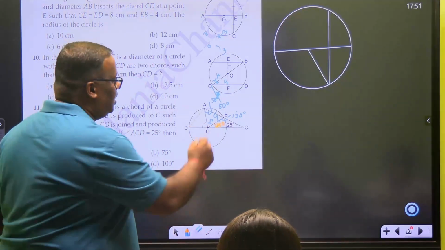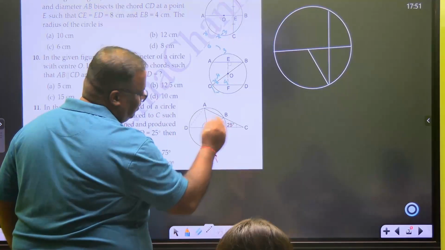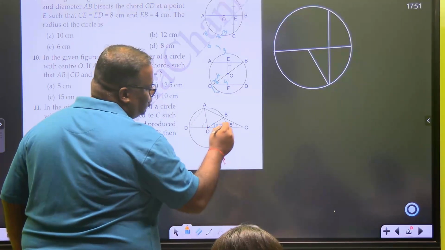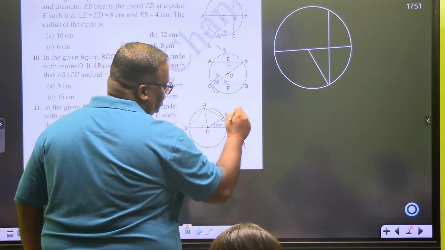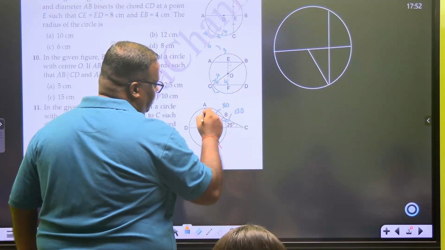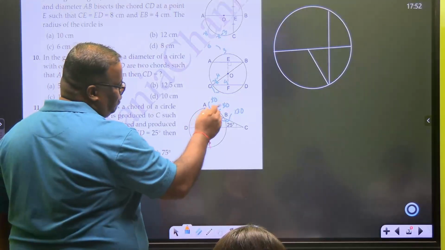That is wrong. Pay attention once again. This is 25 degrees. Then this is also 25. 25 plus 25 is 50. So this should be how much? 130. If this is 130, this is 50. If this is 50, this is 50. This is also an isosceles triangle. 50, 50, 100.